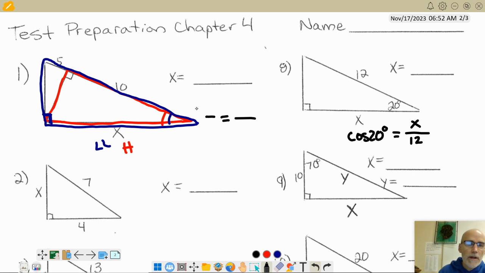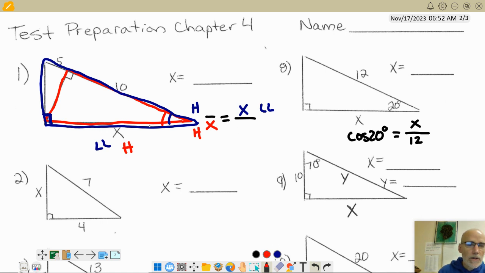So we're setting one ratio equal to another ratio. And when you do that, you got to match up corresponding parts, right? So in this situation over here, let's say a hypotenuse with a hypotenuse. In the red triangle, the hypotenuse is X, right? So I'm going to put an X right down here. And then we were trying to match up a long leg. In the blue triangle, the X is the long leg.